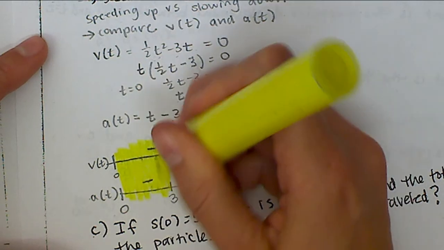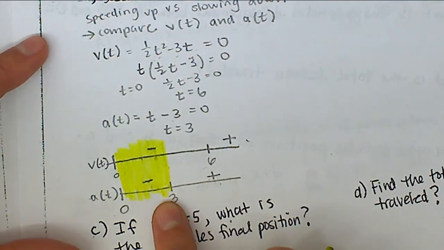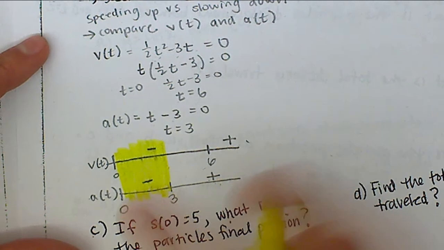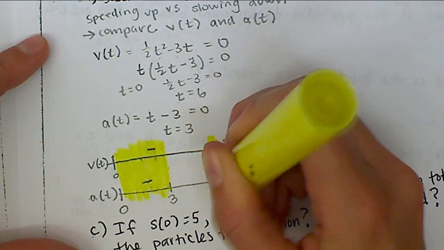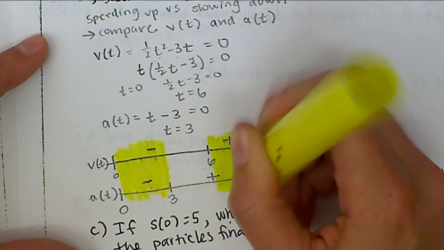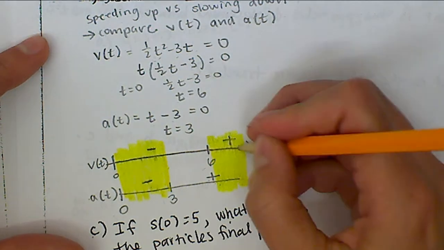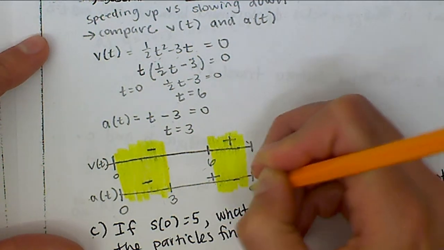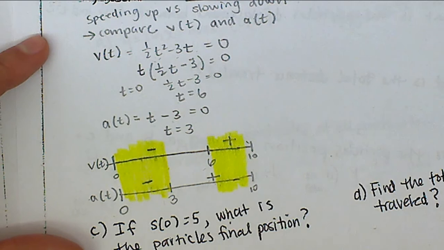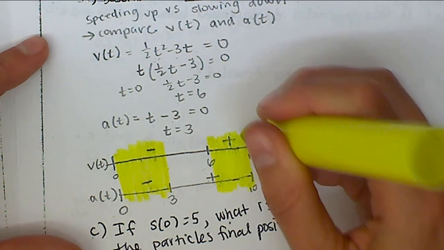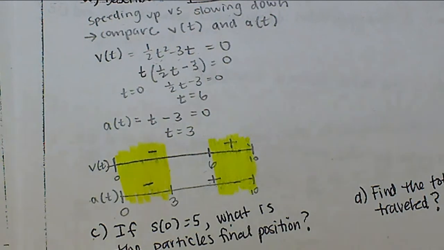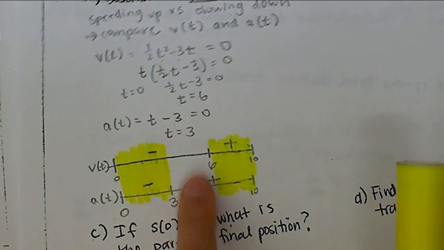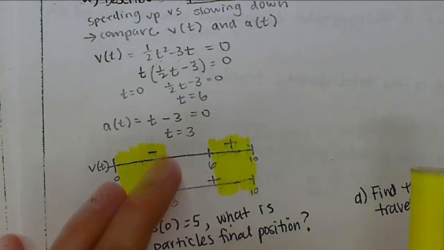Because they're both negative, the particle is speeding up on that interval. And then from 6 to 10, because it ends at 10 according to this problem, it is also speeding up because they're both positive. In the space in between, velocity is negative, acceleration is positive, so the particle is slowing down.